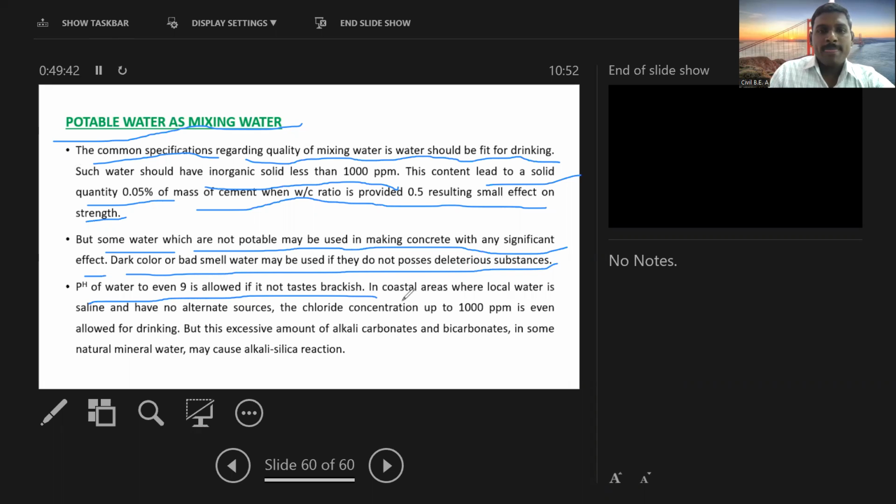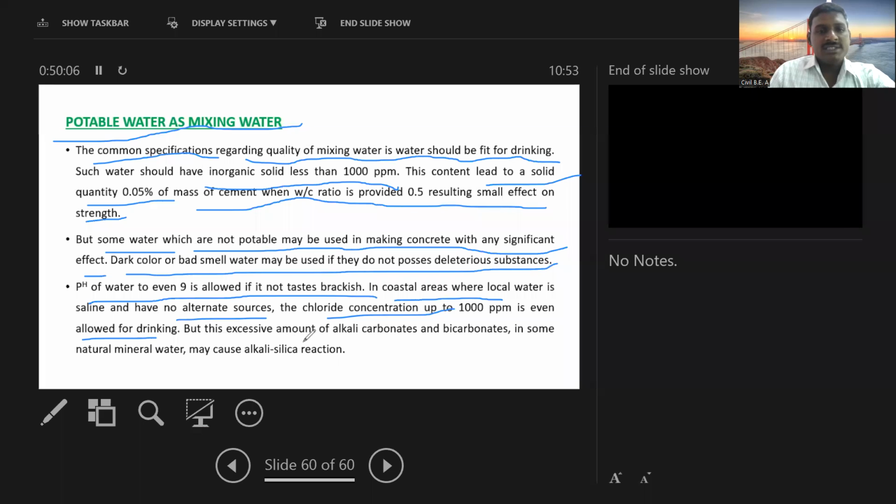Then in coastal areas where the local water is saline and there is no alternate source, the chloride concentration up to 10,000 ppm is even allowed for drinking. So for drinking water we are allowing 10,000 ppm, so that water we can use for the construction also.